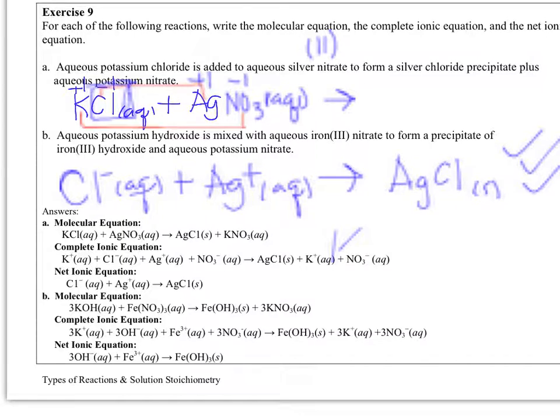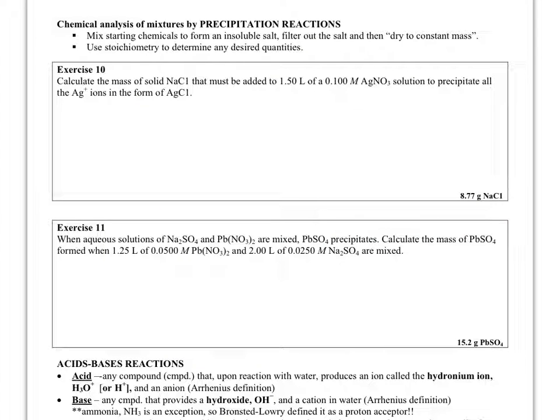So now back to that whole gravimetric analysis business. If we do a chemical analysis of mixtures by isolating that precipitate, we call it a gravimetric analysis. So here are your steps. You mix the starting chemicals to form that insoluble salt or that precipitate. You filter out the precipitate, that new salt that's insoluble.